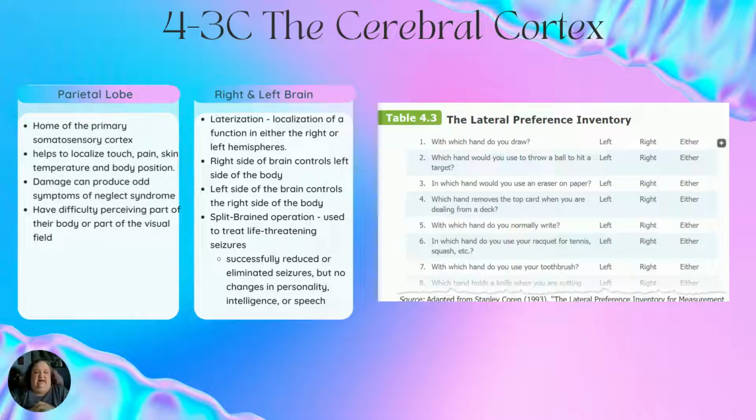This is a procedure to help stop seizures. So they would not do a lobotomy unless it was absolutely necessary. I don't think they even do it anymore, but when they did it before, it was because of severe psychiatric disorders. All right. So just be aware of that, that those are two totally different things.